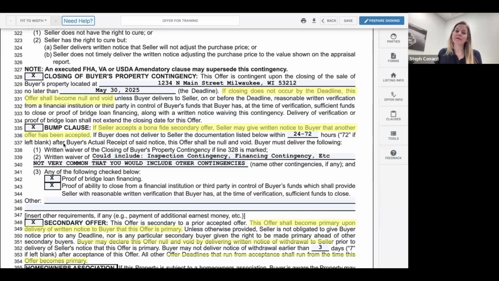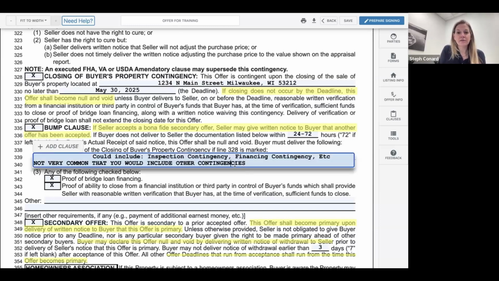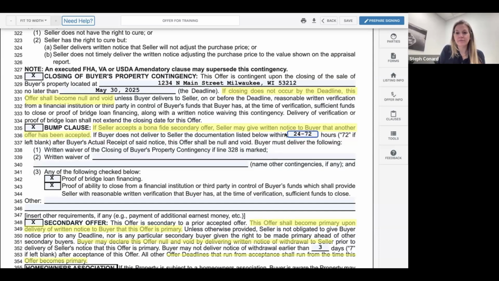So let's say we've got now an offer to purchase with a home close contingency, and the seller says, okay, that's fine, but I want to include this bump clause. Then we'll say the seller will give the buyer 48 hours to lift that bump clause if they were to receive a bump notice.